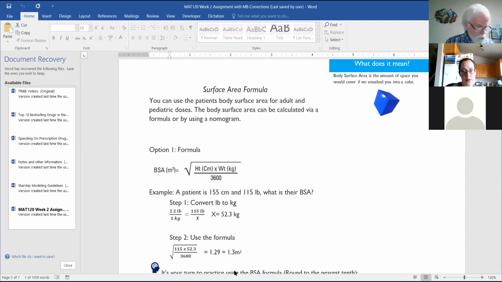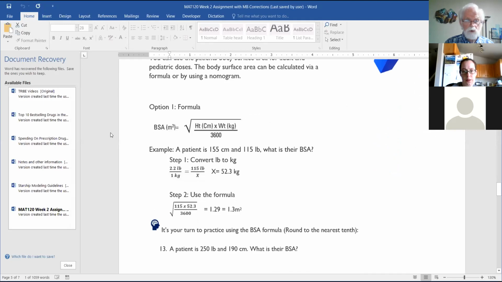Now, we look at a formula for body surface area. Body surface area is always calculated in square meters. If you end up working in a cancer clinic, almost all cancer drugs are dosed based on body surface area. And there is a reason.